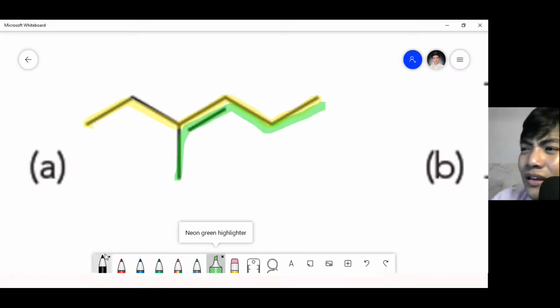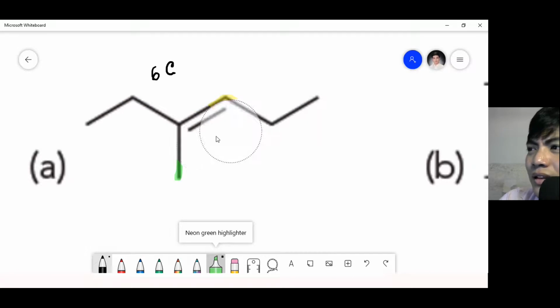Bilangin natin. If you follow the yellow highlighter, 1, 2, 3, 4, 5, 6. So that will be 6 carbons. While if you follow the green ones, ilan yan? 1, 2, 3, 4, 5. So 5 carbons. So obviously we will follow the yellow one.